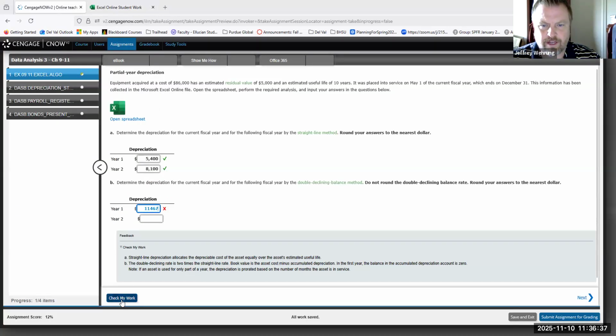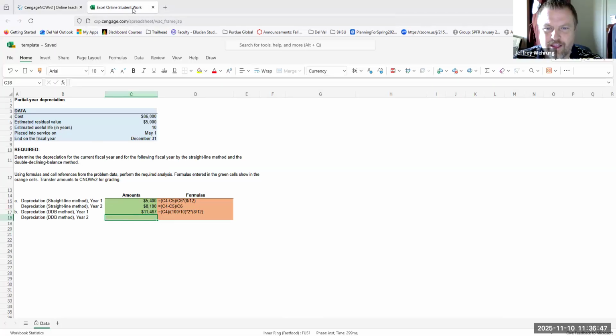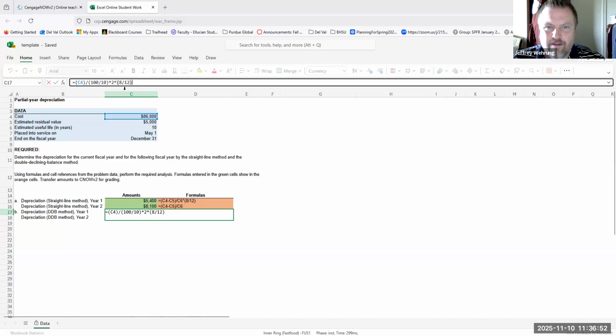So we check that. Oh, there we go. See, that's a good reminder that when we're doing double declining balance method, the whole point is to depreciate as quick as possible, right? It's an accelerated depreciation method. And so we're saying, okay, we don't have to subtract the residual, we're doing the whole cost amount. So we get so much of this depreciation in the first year.